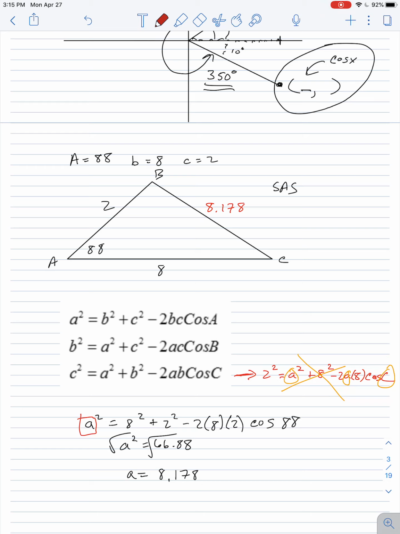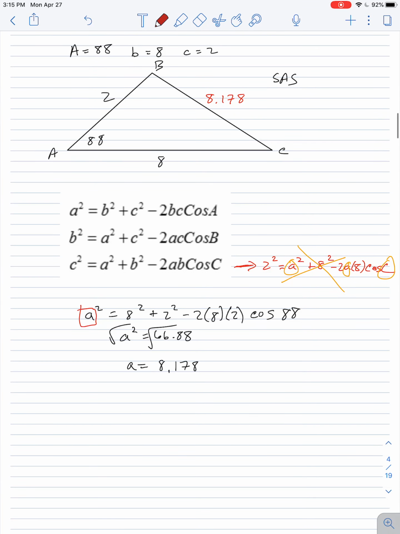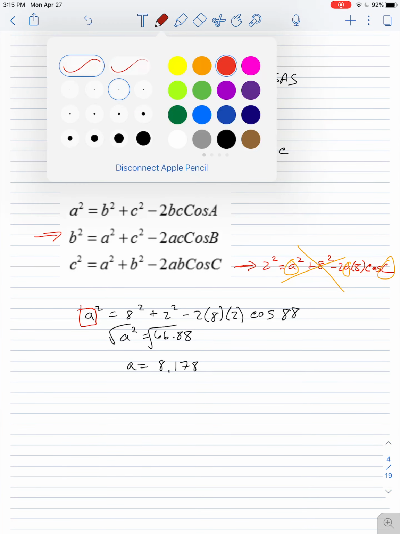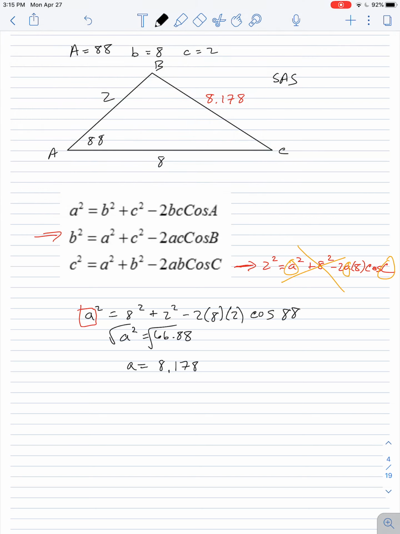Now I need to find an angle. So I need to use a different formula with one of the angles I don't know, so I'll try this second one, see what happens. I've got a b squared, I'll just plug it in. B squared is 8 squared equals a squared.